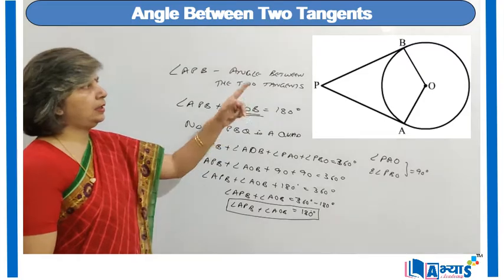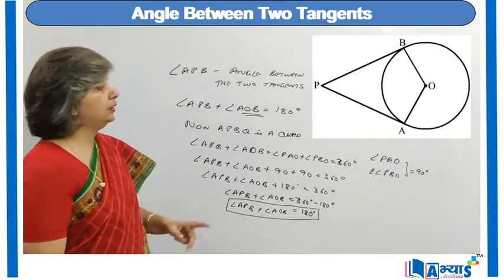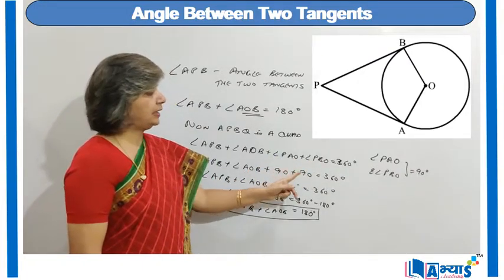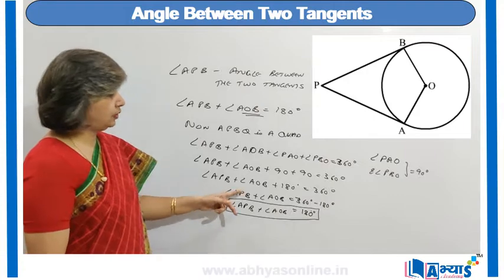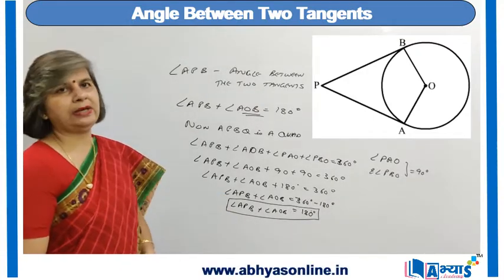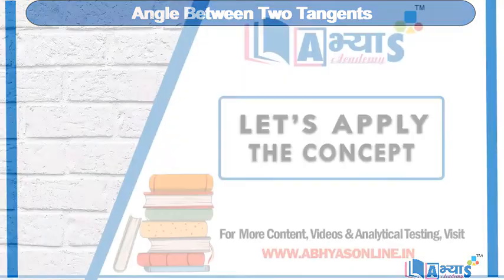Now we have substituted the values of PAO and PBO as 90 and 90, and on solving it we found that angle APB plus angle AOB is equal to 180 degrees. So we can say that these angles are supplementary.